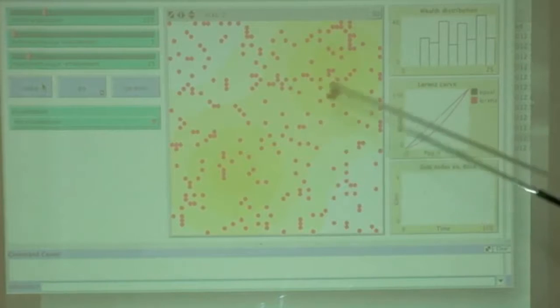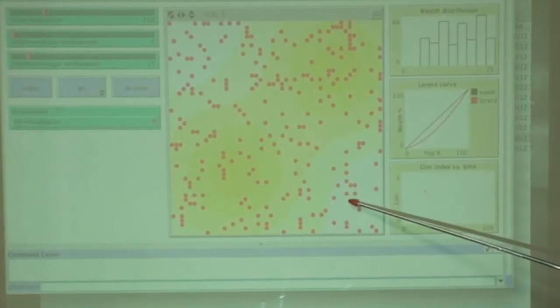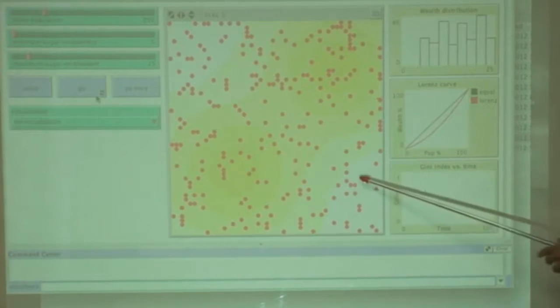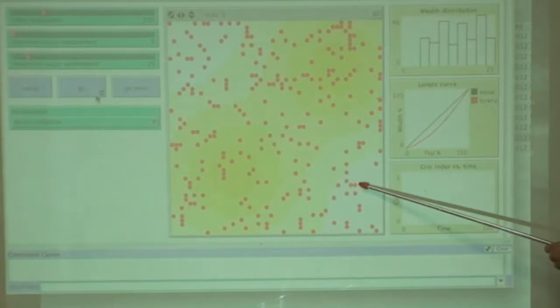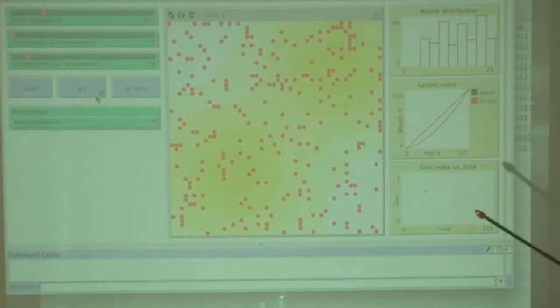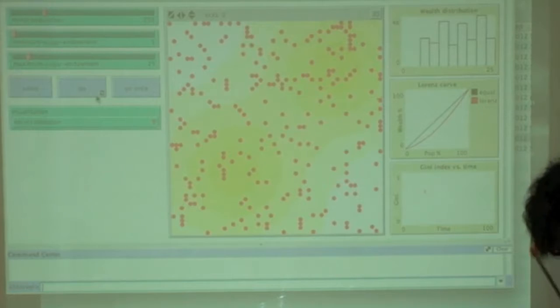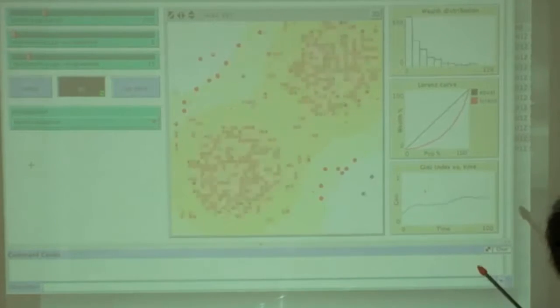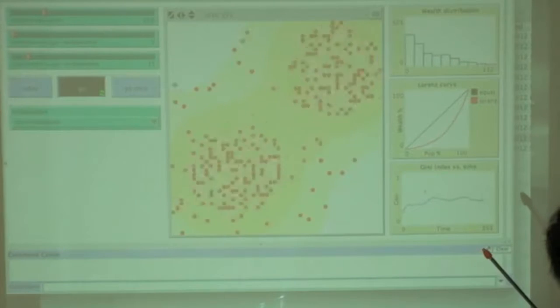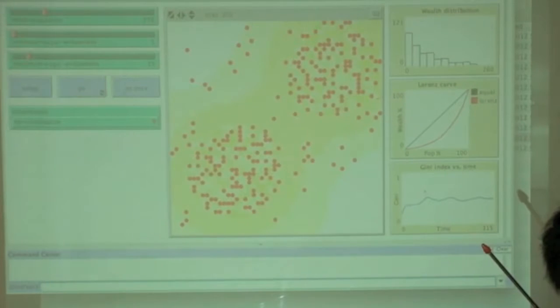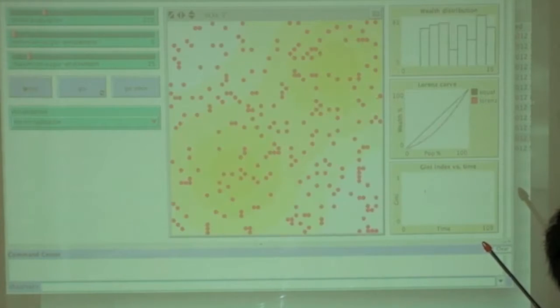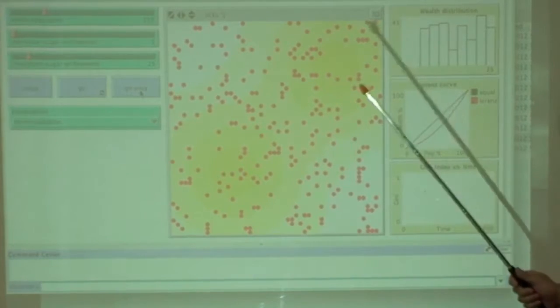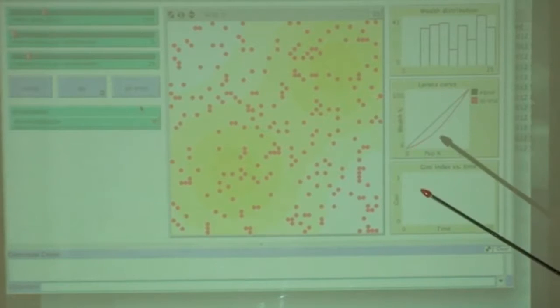And the red ones are ants. Ants have some sight, but not equally. So now I want to do one step.